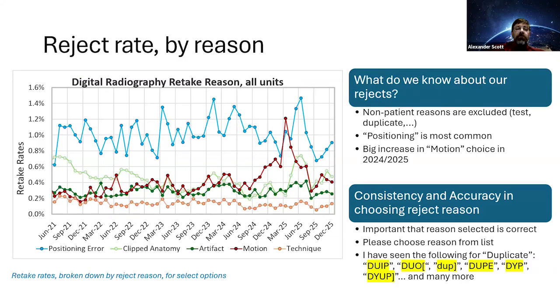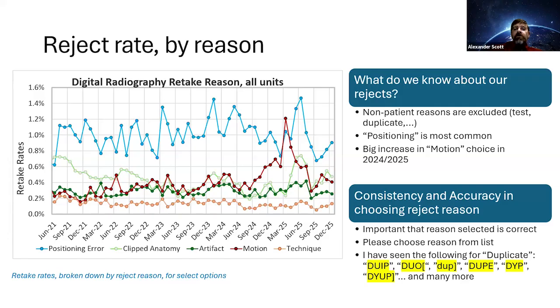Splitting up our reject rate by reason can help pinpoint where technologists are having trouble and how we can help. You'll see that consistently positioning error is the number one reported reason for rejects. But for a while, we had a real spike in motion. And I have a suspicion that that was not correctly assigned.